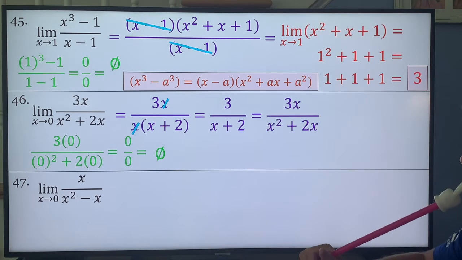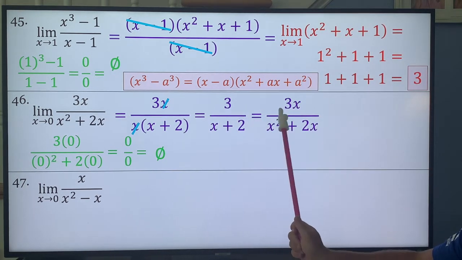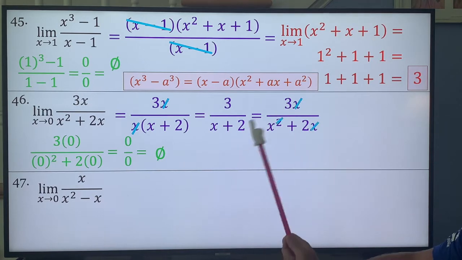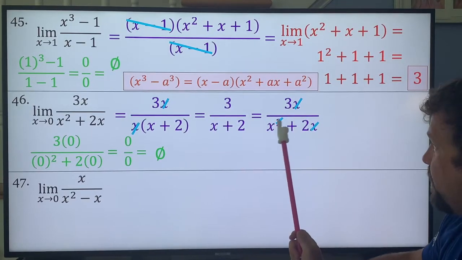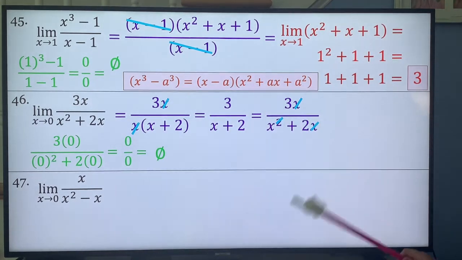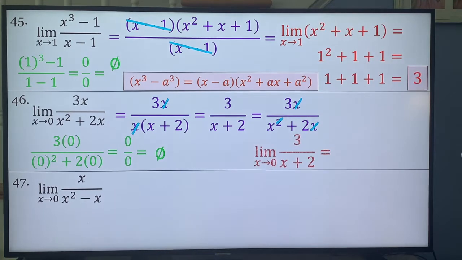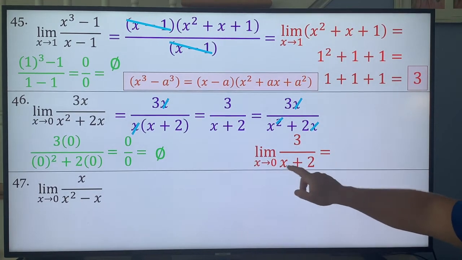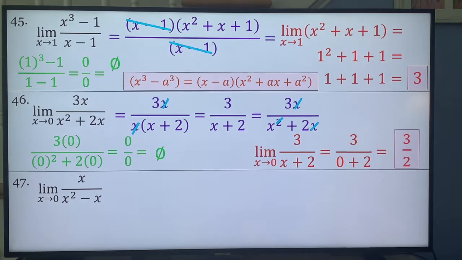Now when I plug in my 0, because these are the same, right? So another way to do this is to cancel out the x, take 1 out of each one right away. Doesn't matter, you can either pull it out or just take 1 out all the way. I like the second way better. So limit of 3 over x plus 2, plug in your 0. 0 plus 2 is 2. Your answer is 3/2.